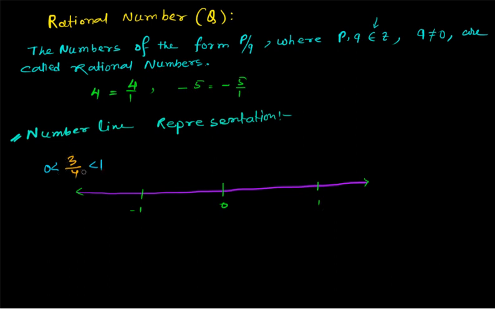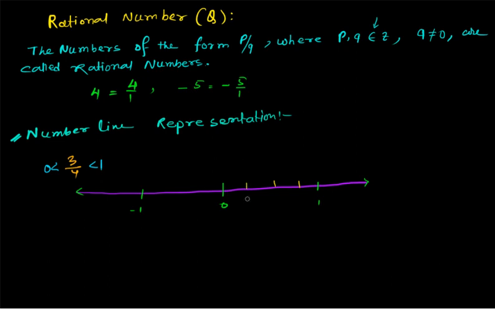Now I can see the denominator part. The denominator is 4. So the section between 0 and 1 we should divide into 4 equal parts. 1, 2, 3, 4. It has been divided into 4 equal parts.